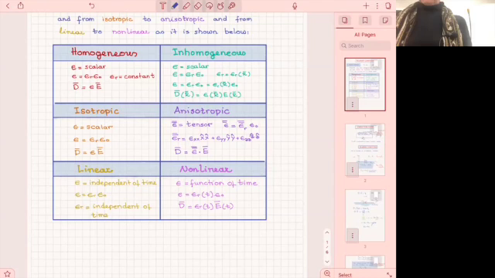Anisotropic is when epsilon is a tensor. I'll give you an example. You remember tensors, they're like the next higher order above a vector. It's like a product of vectors.